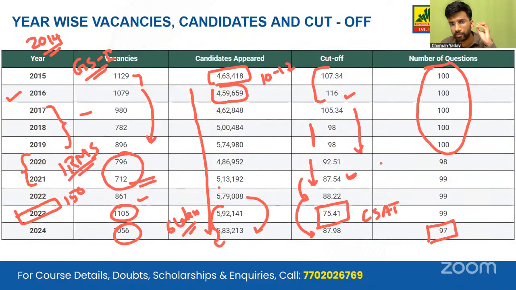So the cutoff will be decided by these 97 questions. An aspirant must keep in mind that institutes may provide you with an answer key, but you never know whether that question will still be there when the official UPSC answer key comes out or not.